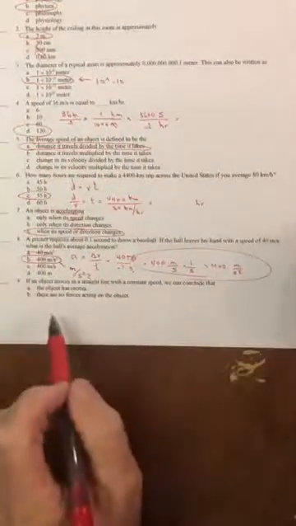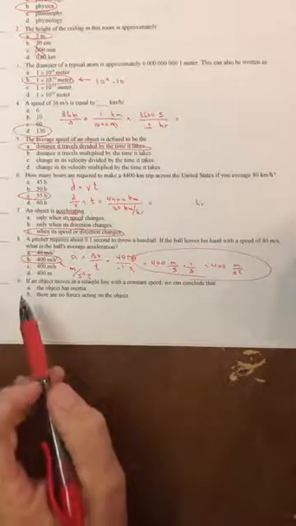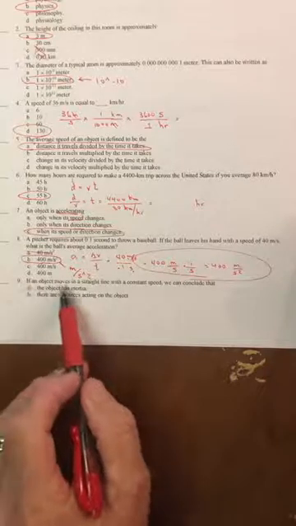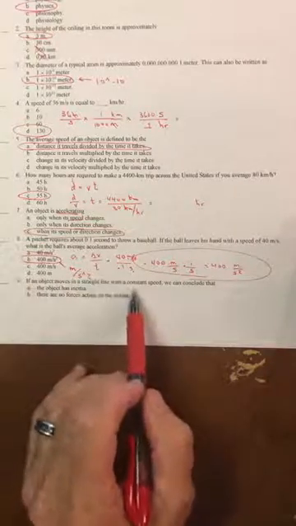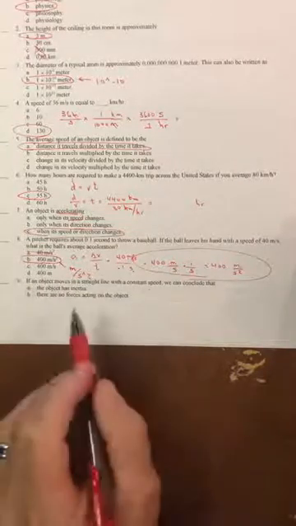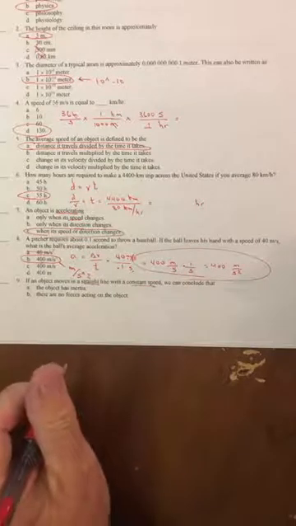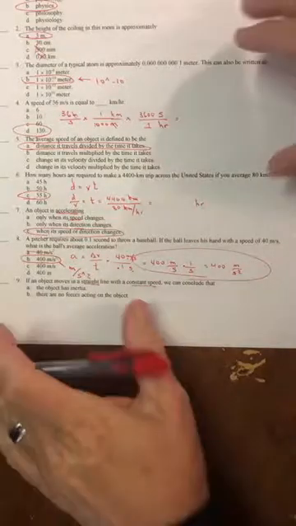All right. Number 9, if an object moves in a straight line with a constant speed. Well, straight line, constant speed, that's no change in direction, no change in speed, that's no acceleration. We can conclude that, I think there's more on the next page.